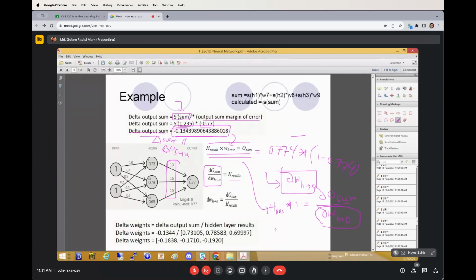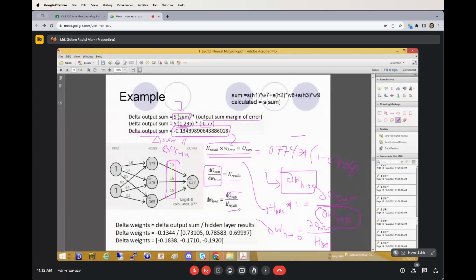So delta WHO will be our delta O sum divided by H results, that is delta output sum by delta H results.